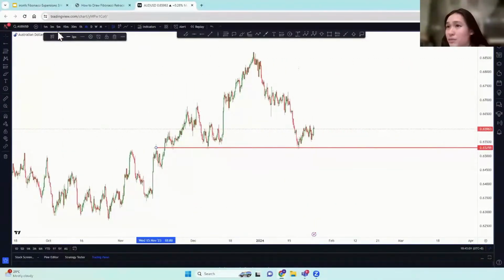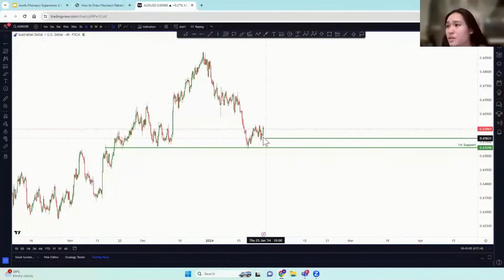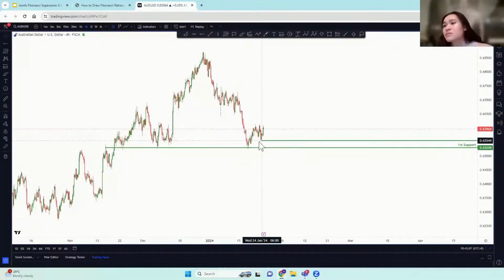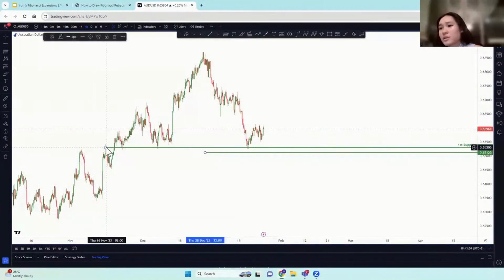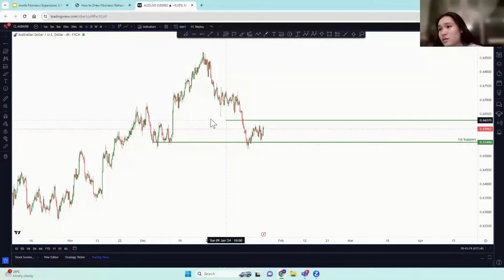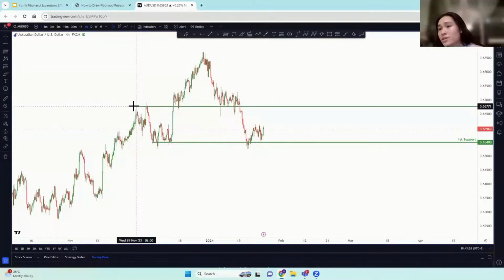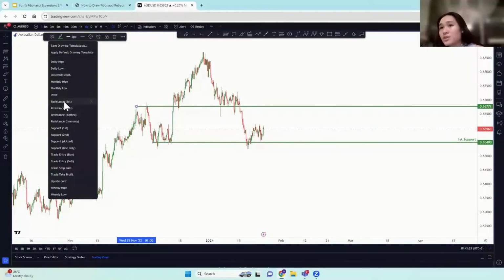Here will be my first support. Actually, maybe here instead, because it's closer to where price is currently at. Next will be my first resistance over here.